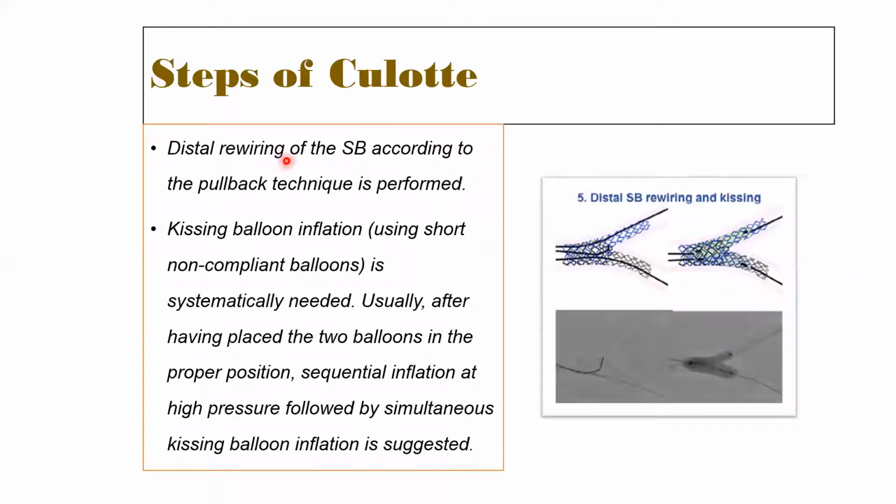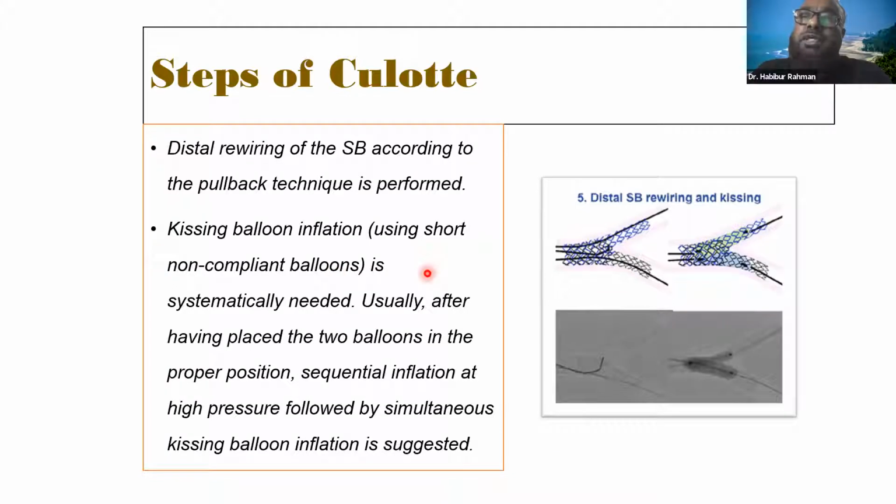Now, the distal rewiring of the side branch according to the pullback technique is performed as already discussed, and kissing balloon inflation using short non-compliant balloons is systematically needed. Usually, after having placed 2 balloons in the proper position, sequential inflation at high pressure is done, followed by simultaneous kissing balloon inflation and simultaneous deflation.